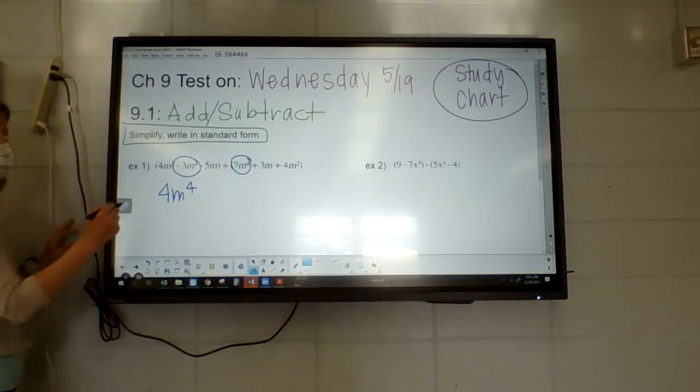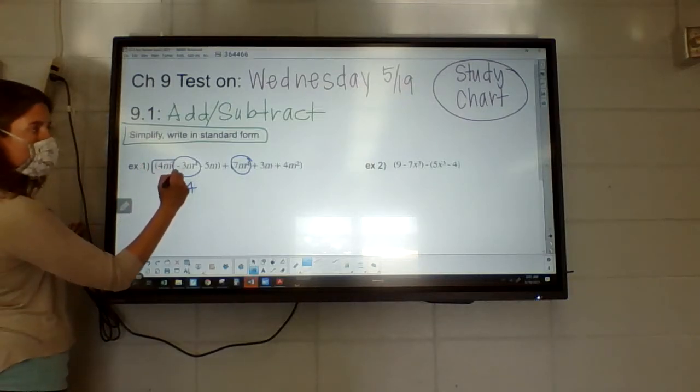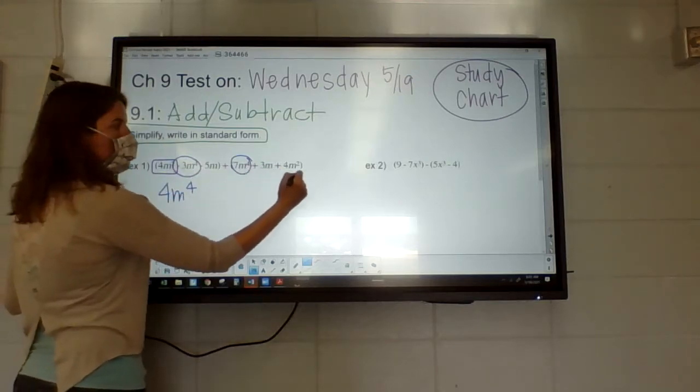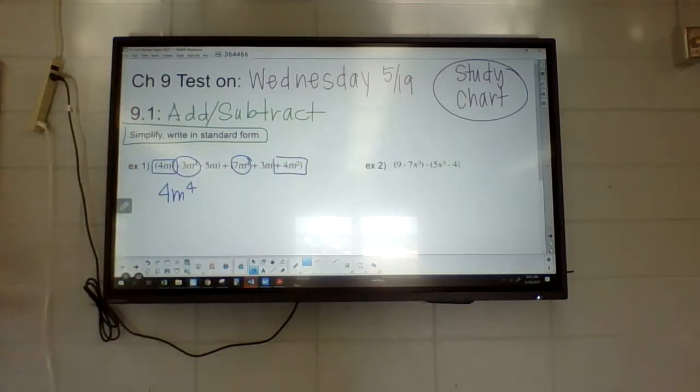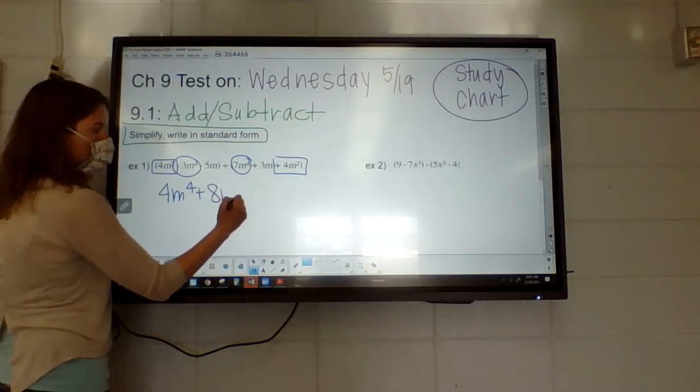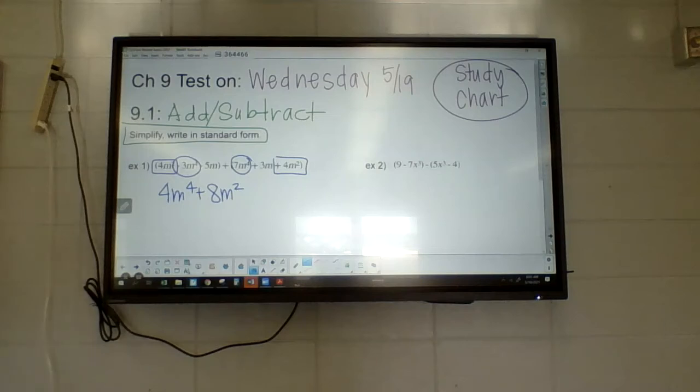Next is that 4m to the 2nd, I believe, and then it says plus 4m to the 2nd, so that's going to be 8m to the 2nd. Remember that when we're adding, we don't change the exponents at all.